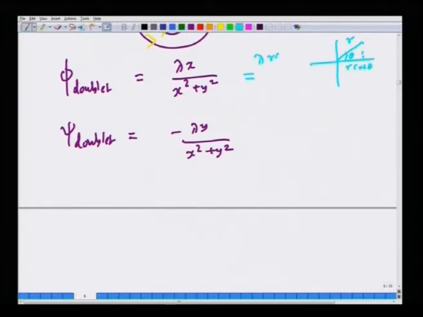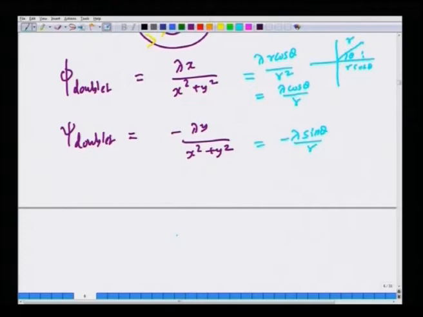So lambda r cos theta divided by r squared becomes lambda cos theta by r, and this becomes minus lambda sin theta by r. These are the expressions for the stream function and velocity potential for a doublet.